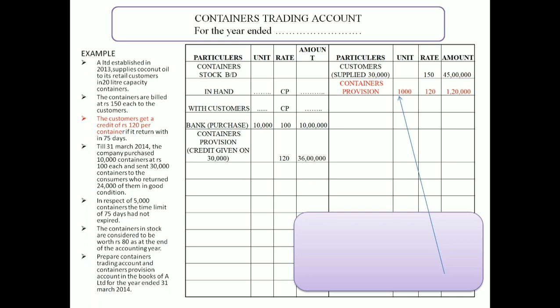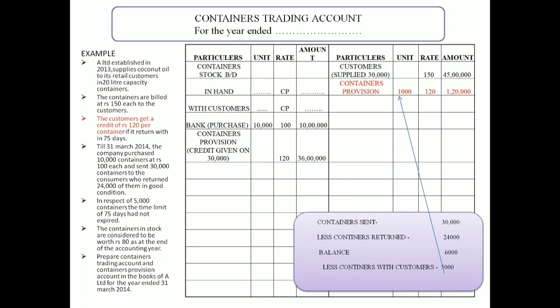Then the next item, the containers provision. See how we get this 1,000. Containers sent is 30,000, less containers returned 24,000, then the balance is 6,000. From the 6,000 we deduct the containers with the customers, that is 5,000 with customers, as in point number 5.